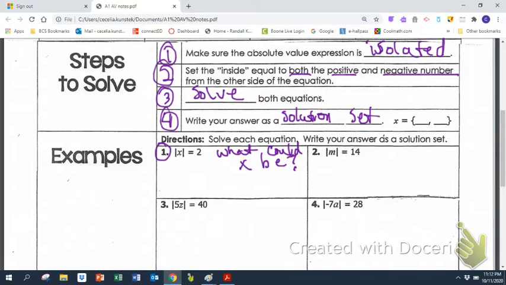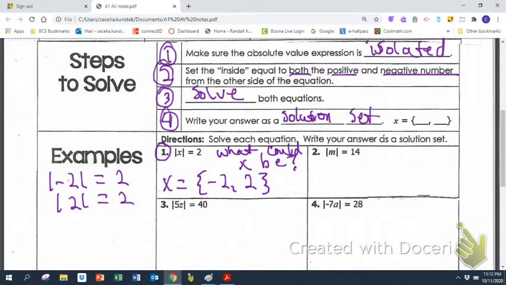Well, if I want the absolute value, x could be 2 different options. x could be 2 and negative 2. So we're going to write it as negative 2 and 2. Because remember, if I said the absolute value of negative 2, well, that's going to be 2, just the same as the absolute value of 2 is equal to 2.